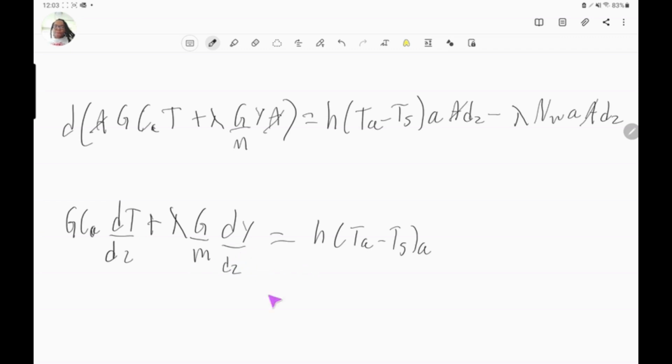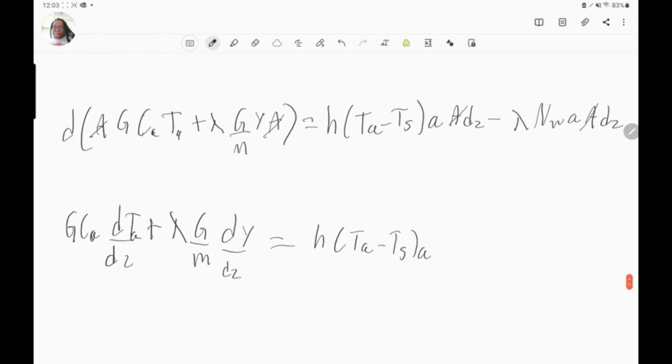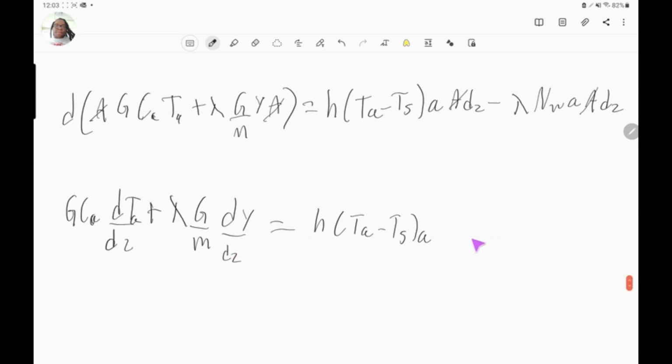Because now we have our DT DZ, and we know our change in mole fraction, and so we can plug that in later on.